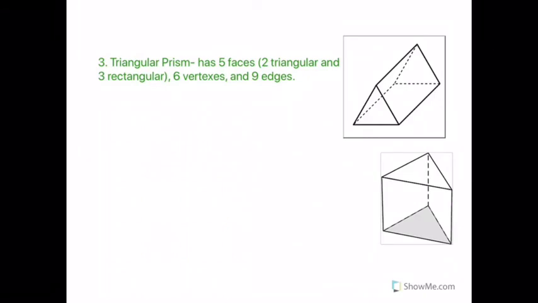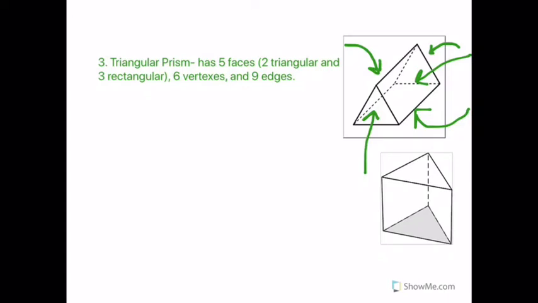So here are a couple examples of what a triangular prism looks like. Again, it has 2 triangular faces. So here it is the front and the back sides. Those faces are triangular. And then 3 rectangular faces at the bottom, and then this right side, and then this left side.